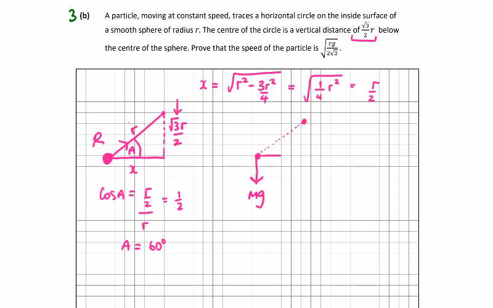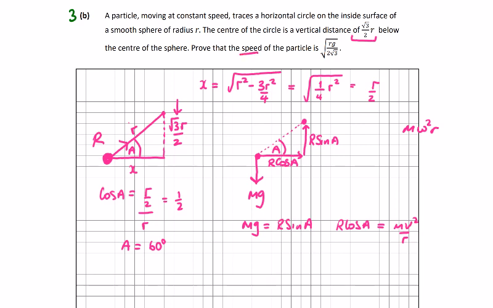My angle is inside, so in this direction I have R cos A, and in this direction I have R sine A. So we just have mg is equal to R sine A. And we also have R cos A is equal to mv squared over r, or m omega squared r, but we're looking for speed here.